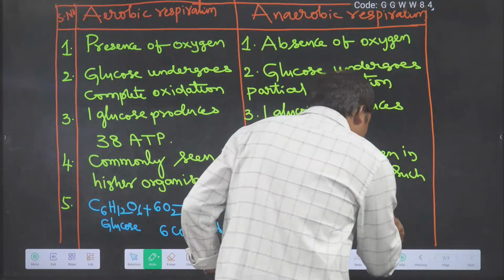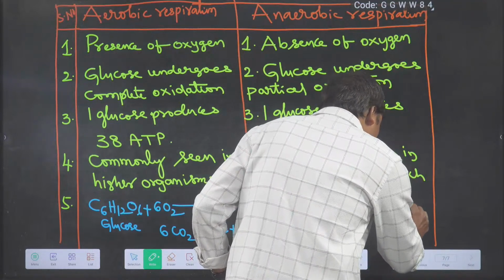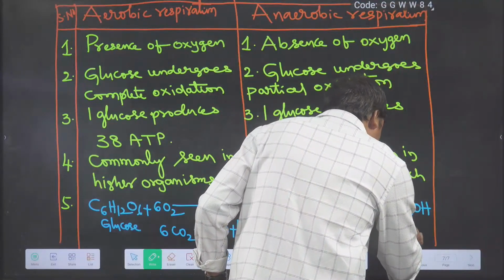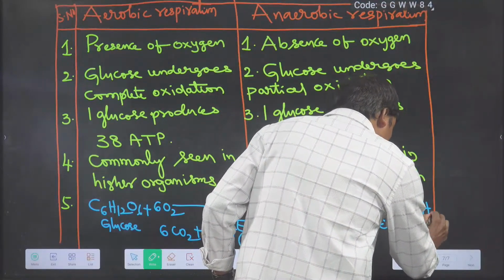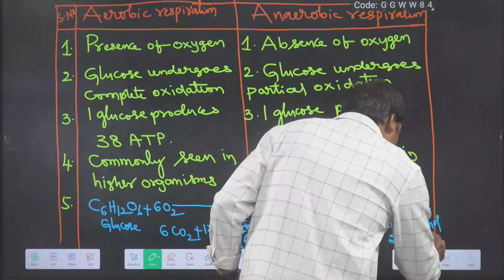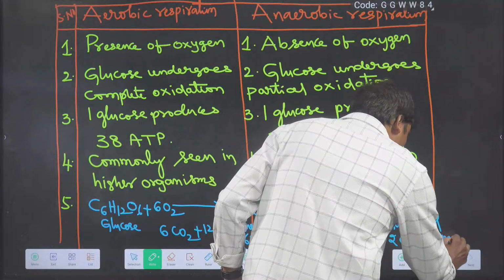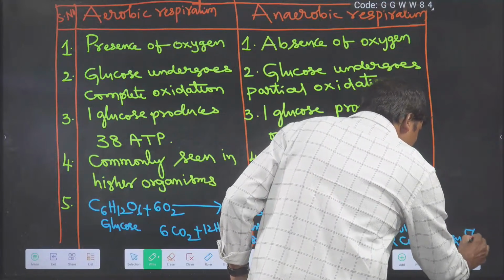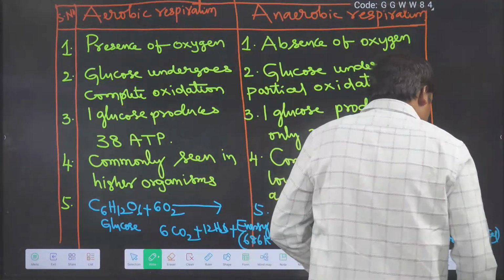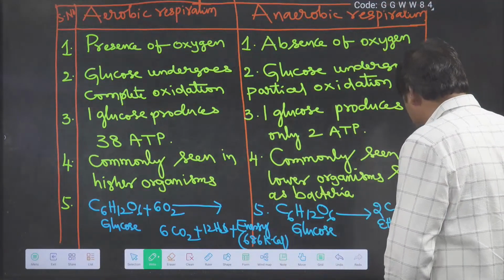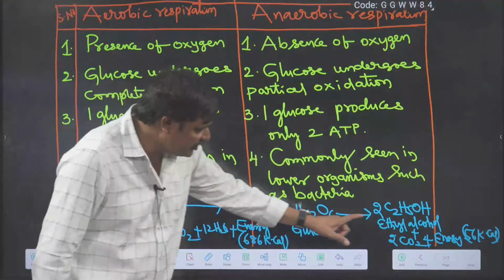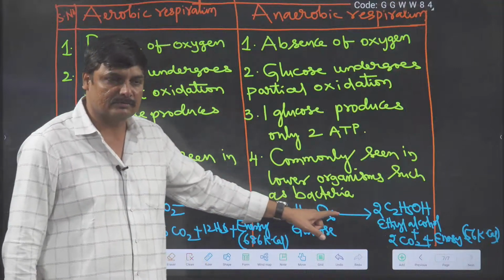Therefore, it forms C2H5OH, ethyl alcohol or ethanol, plus 2 molecules of CO2 plus a little amount of energy, approximately 56 kilocalories. It may vary from one book to another. I am telling the approximation of the energy, right? This is the equation for anaerobic respiration.